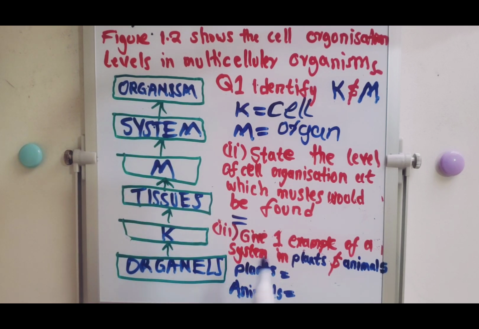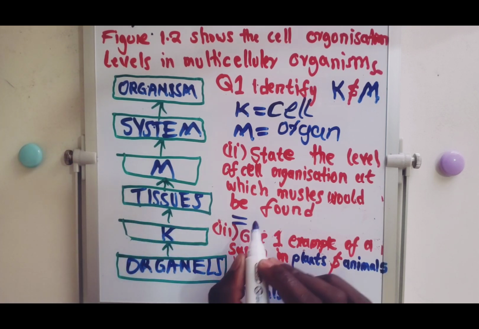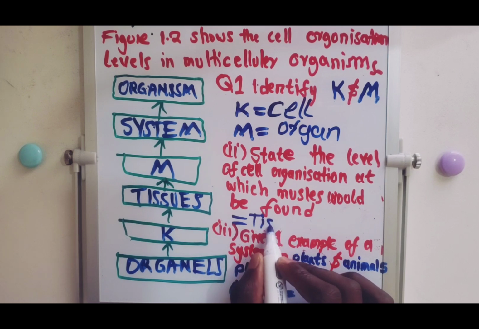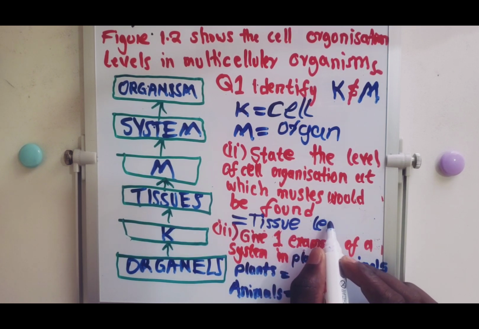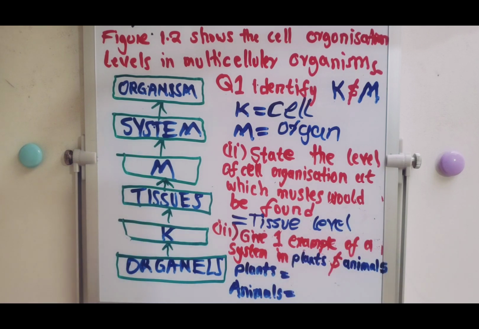Which level can we find muscles? So muscles are found at the tissue level. Okay, so muscles are found at the tissue level. In order for you to locate where muscles are found amongst these stages, it is at the tissues. So we can say tissue level.